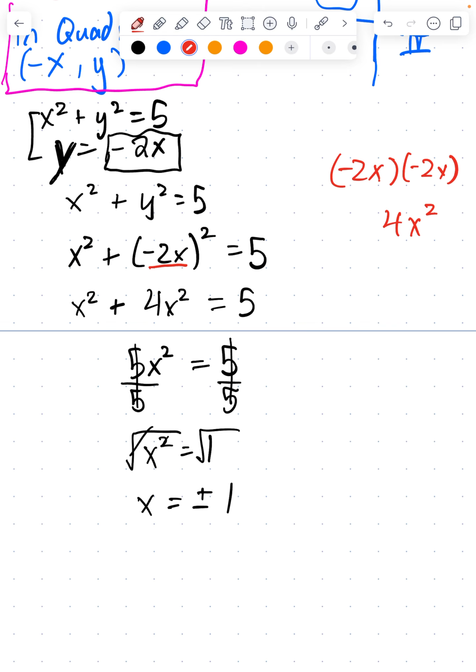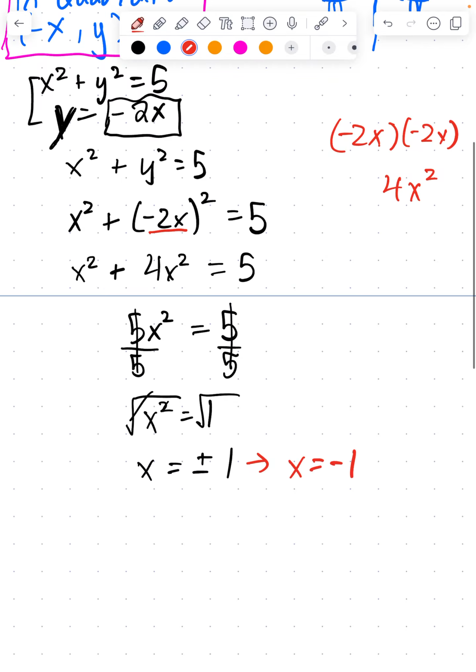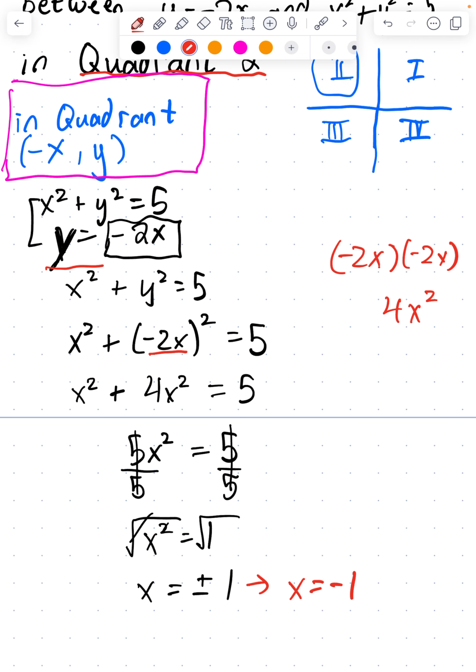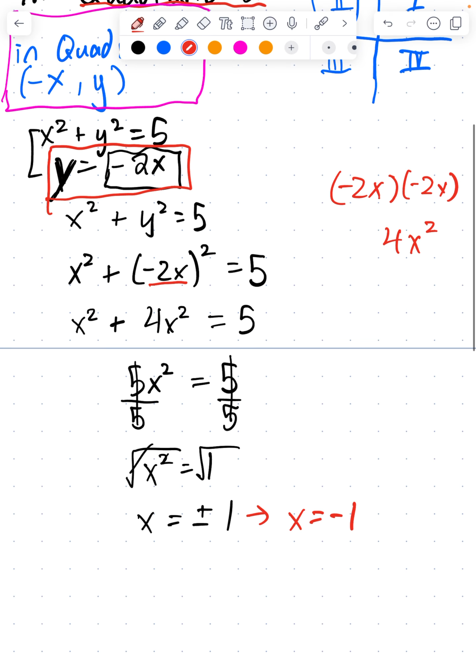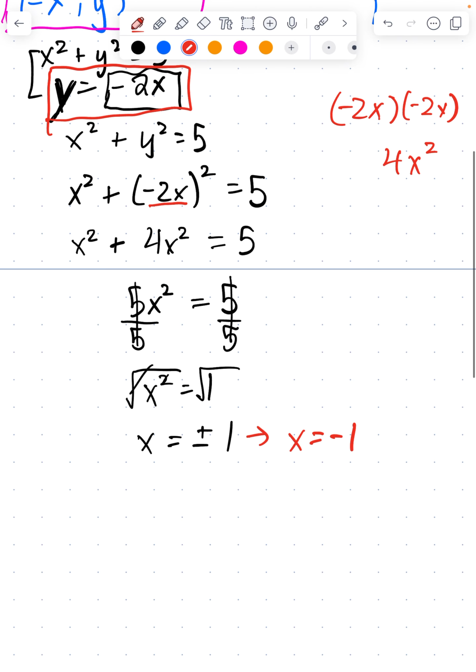So now we're going to use x equals -1, and we're going to plug it back into the equation to find our value for y. I'm going to use this equation right here, the linear equation, to find my y value.